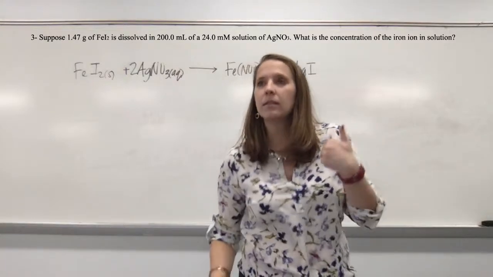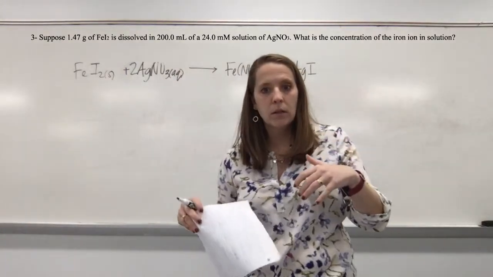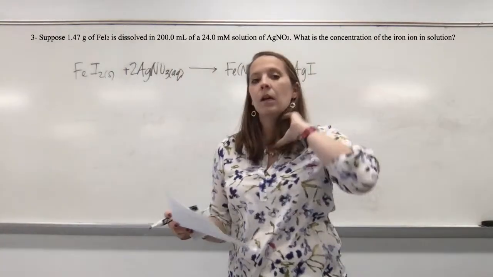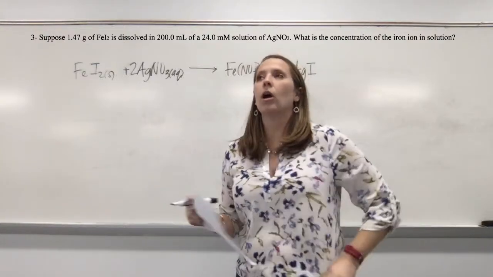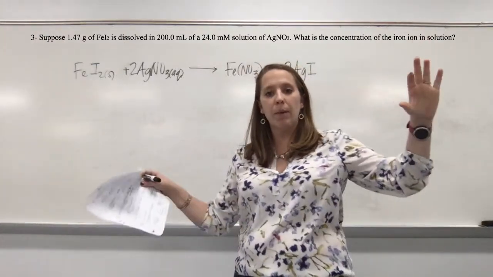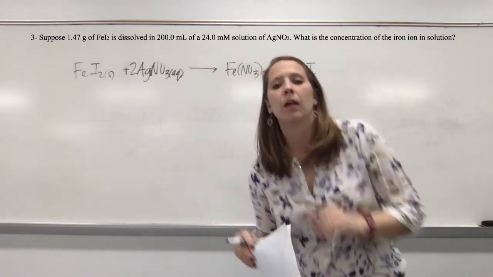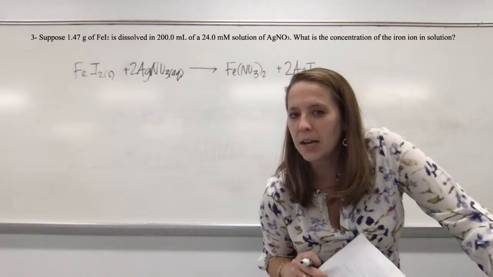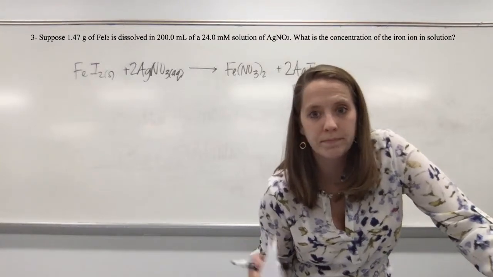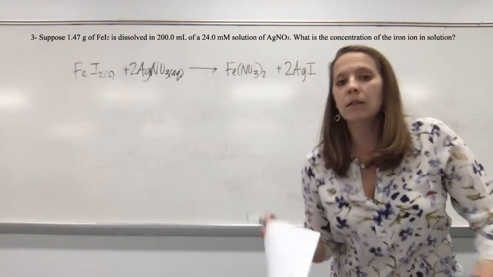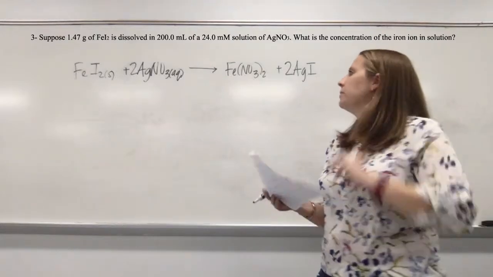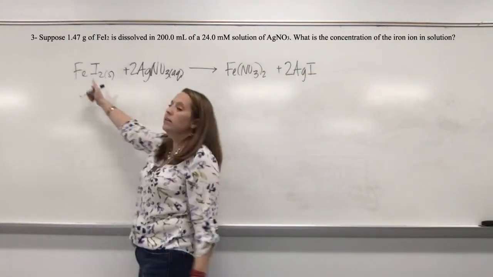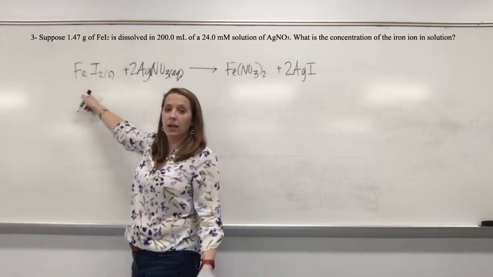Now, this is a combo meal. Combo meals in my class are things where we're going to use two different topics to solve the same question. When you think about this, you should be like, I wonder if that silver iodide is soluble or insoluble. So it turns out there are two things we need to think about. Is iron iodide soluble? And it is.